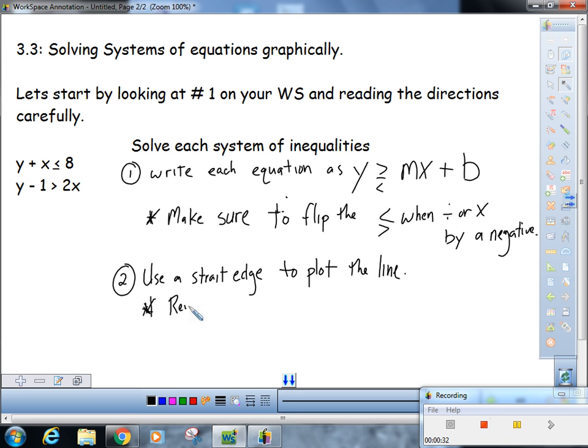Remember, less than or greater than, the line is dashed or dotted. Less than or equal to or greater than or equal to, the line is filled in, okay?